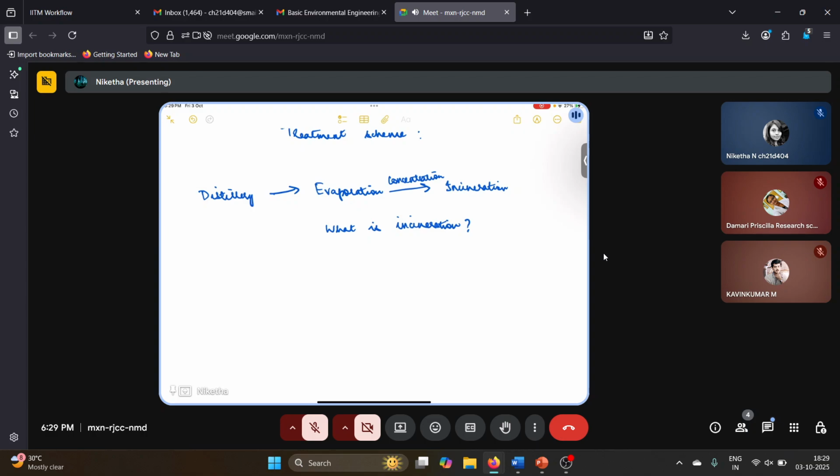Okay, so after incineration, in the ashes, we can get potassium recovery. We can remove the potassium from it and maybe use it for other purposes. And the second way is by taking it for biomethanation.